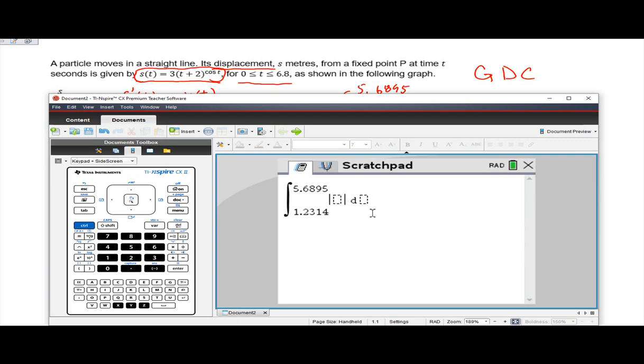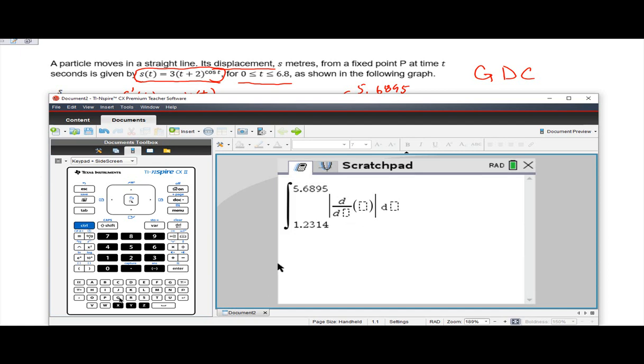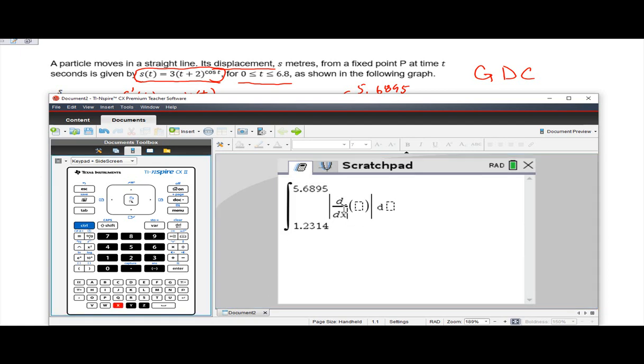Now remember, inside here we need the velocity function. Velocity is the derivative of displacement, so we need to take the derivative of this function. We need to have that d over dx first, so you're going to click this. If I take the derivative of displacement here, that will give me velocity inside.